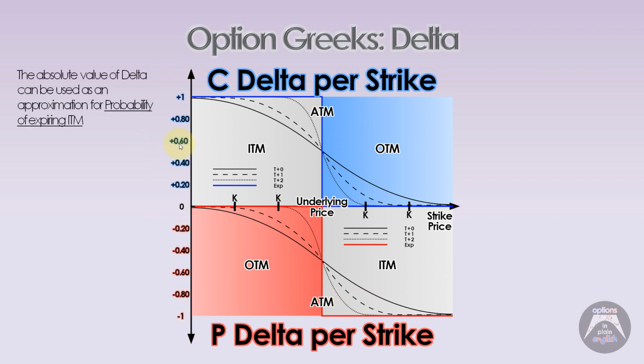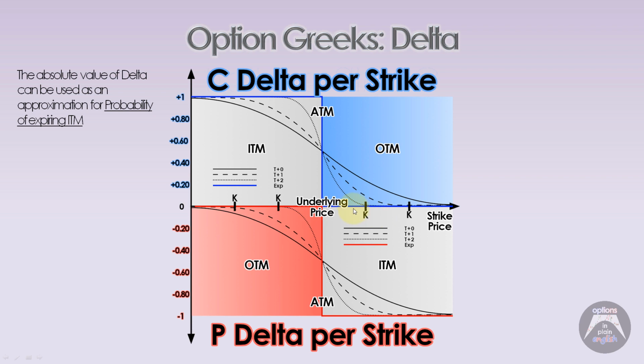So now let's talk a little bit about deltas in this context. The absolute value of delta can be used as an approximation for probability of expiring in the money. So this is a very important use of the delta.